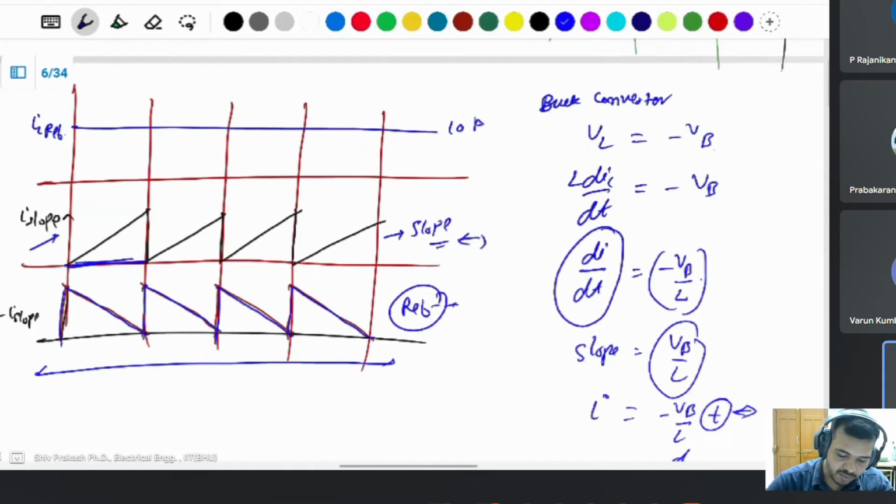Actually, you can't use this waveform to generate the duty cycle. If you give the same reference to your converter's PWM generator, it will just follow it. Then how can you track this? Here it will be 0 because IL will be at maximum relative to your reference.